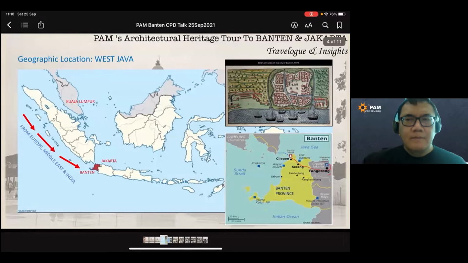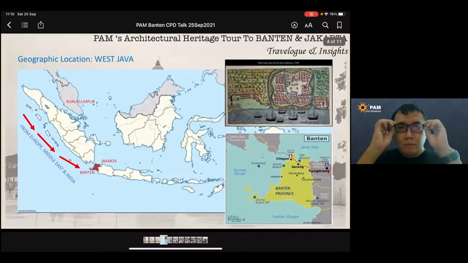And I also include in this slide a map of Banten in 1599. It is a Portuguese map. You can see it's a bustling port, and we see lots of ships there, and a fort and residential area that belong to the Dutch.